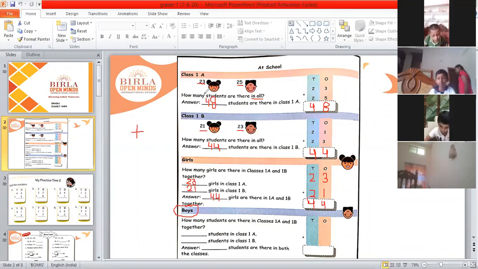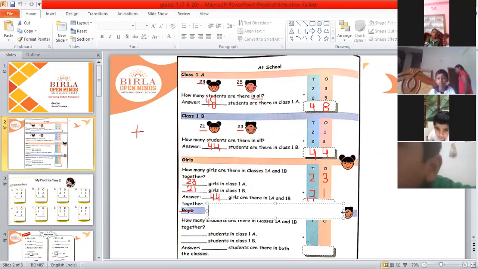Yes, children, what I said. If you will look at the last question properly, they have written boys here, but the question is how many students are there in class first A and first B together. So what we will do, children, we will cut this boys. With your pencil you can do this. Draw one line and cut it. And right here beside this, students.